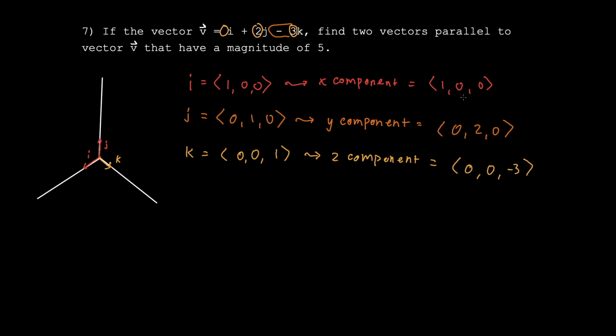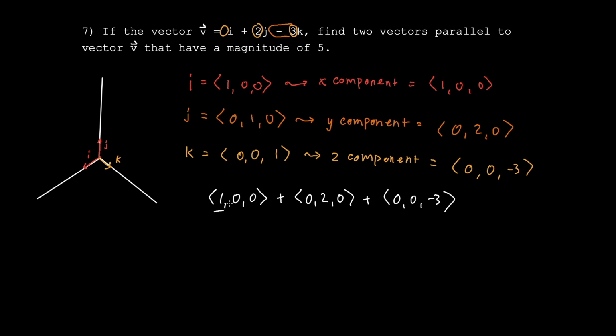Now, adding all of these vectors together will give you the vector v in vector notation form. So if we just do that really quick, 1, 0, 0, plus 0, 2, 0, plus 0, 0, -3.